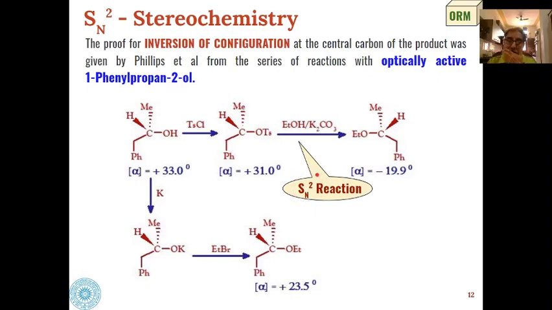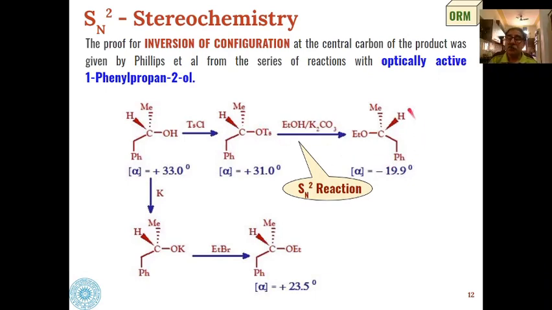Now, when this nucleophile attacks, it will attack only from the back side of the molecule, because on the front side we are having tosylate, and it is not possible for the nucleophile to attack from that side, because this will not give the constructive overlap.